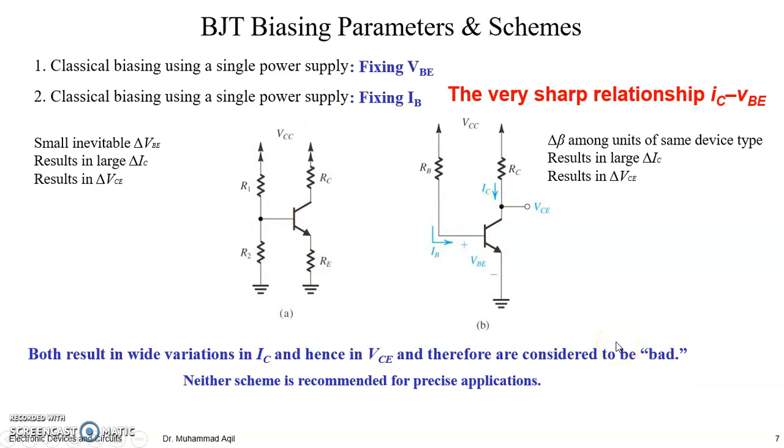But there are parameters. If we critically understand and take them into account while biasing a transistor with these classical techniques, we can still get near to precise signals.